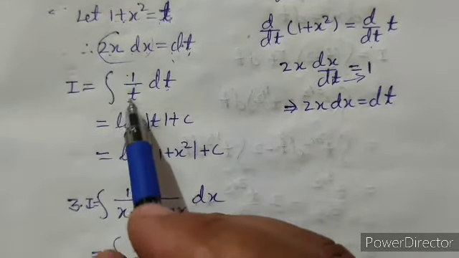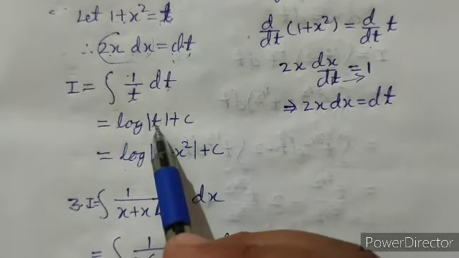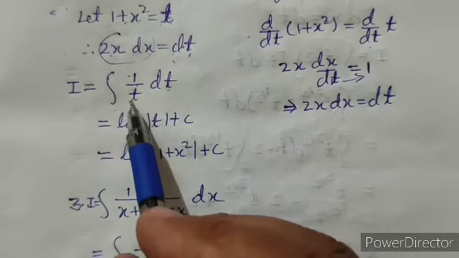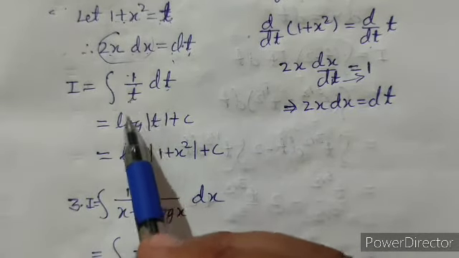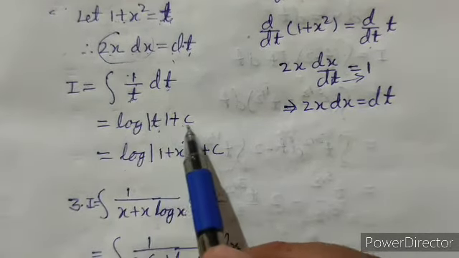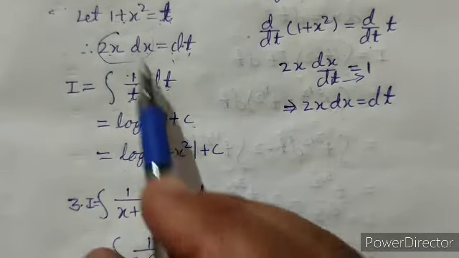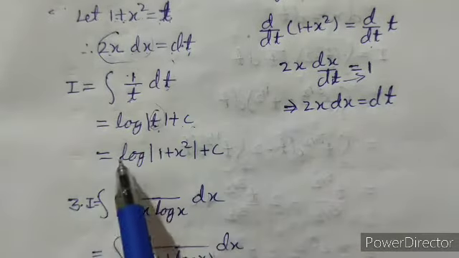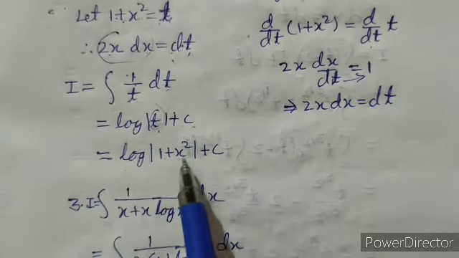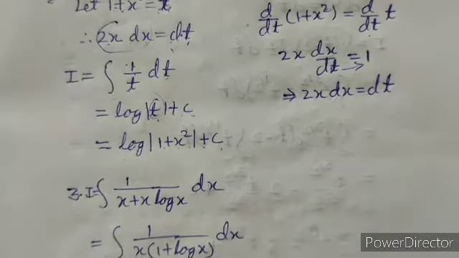Now the derivative of log t is 1 upon t, so the integral of 1 upon t will be equal to log t plus c. Now the value of t was 1 plus x square, so this can be written as log (1 plus x square) plus c.